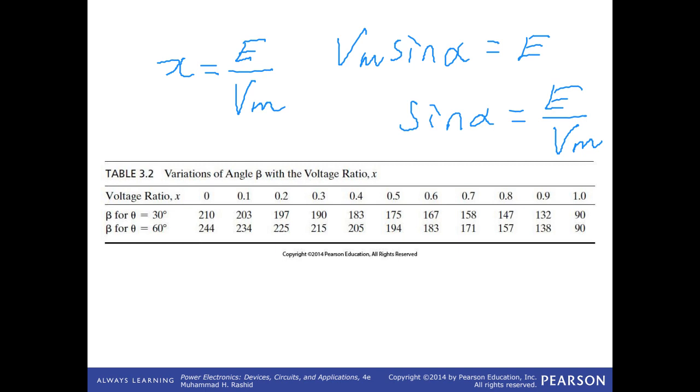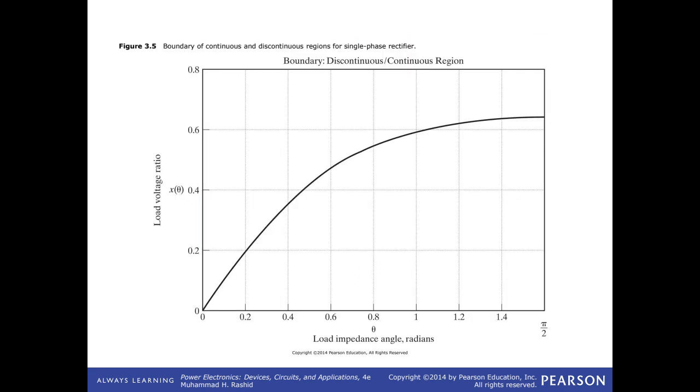However, that is also the boundary between continuous and discontinuous current mode. Load voltage ratio X here, if E over Vm, so this is a step, this is continuous part and that one is discontinuous part.